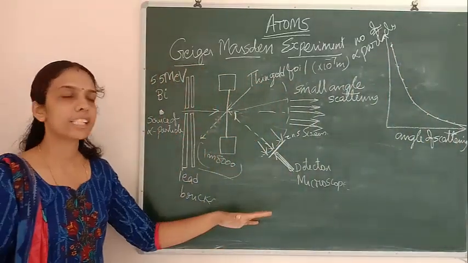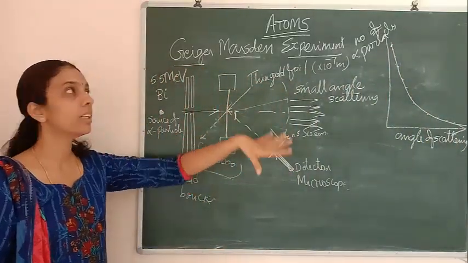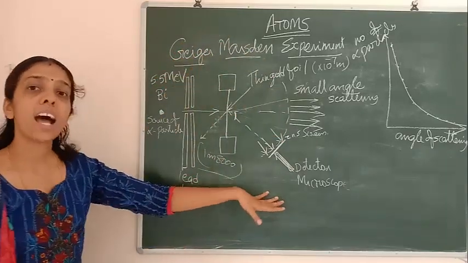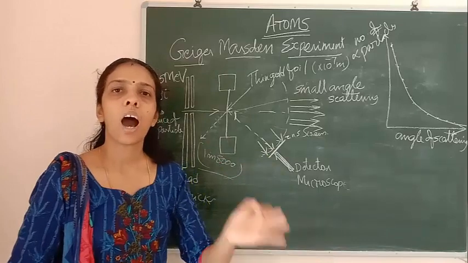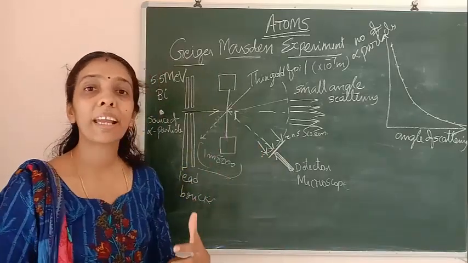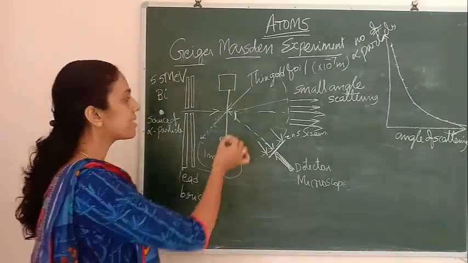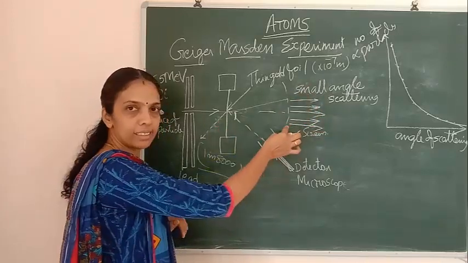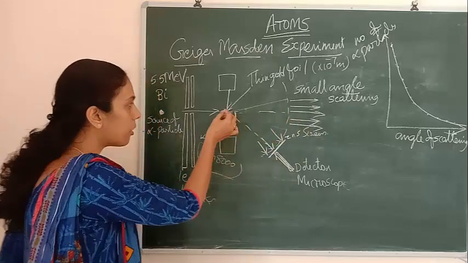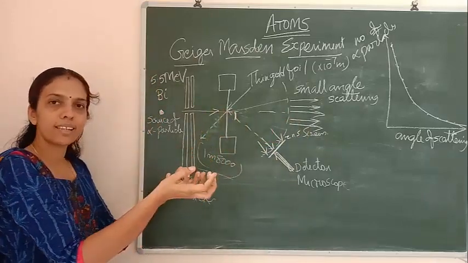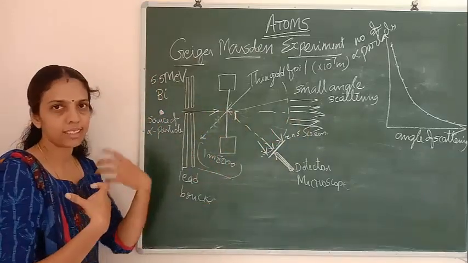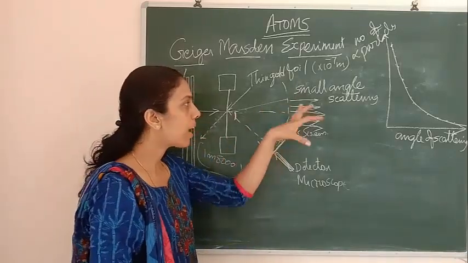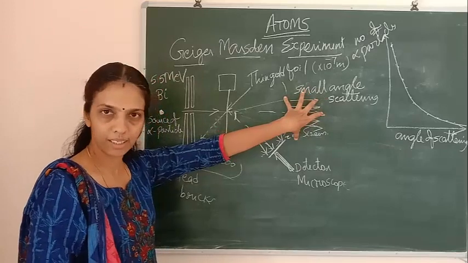This is the experiment which Geiger and Marsden did, and using this experiment, Rutherford explained his atom model. He considered that more particles are getting scattered, and some of the alpha particles are getting reflected back. Most of them are getting scattered and coming out at the center.